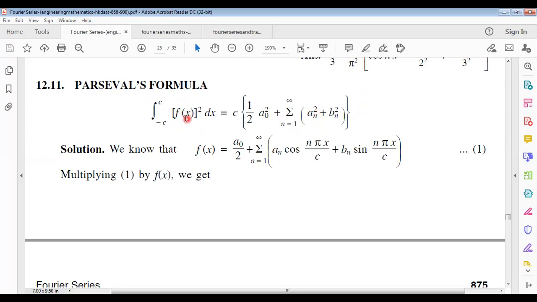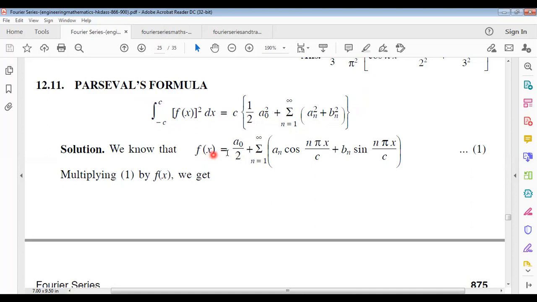Remember it. f of x will be the Fourier expansion, a naught will be the cos coefficient for n equals 0, a_n is the cos coefficient for n, and b_n is the sine coefficient.